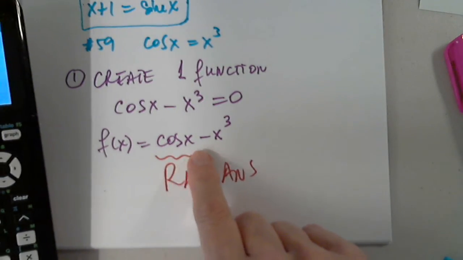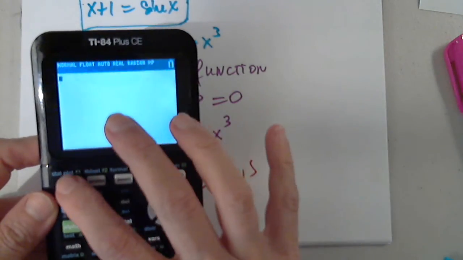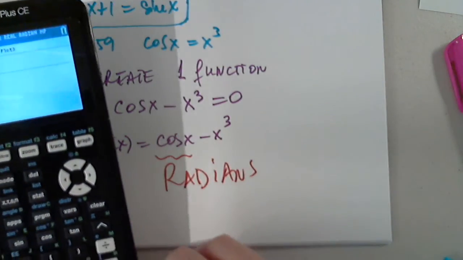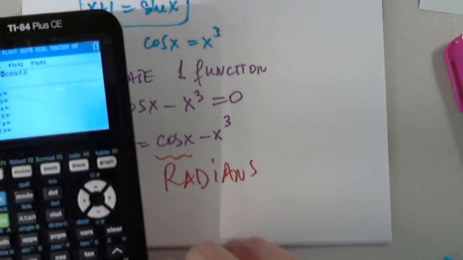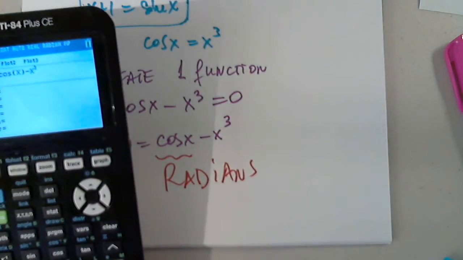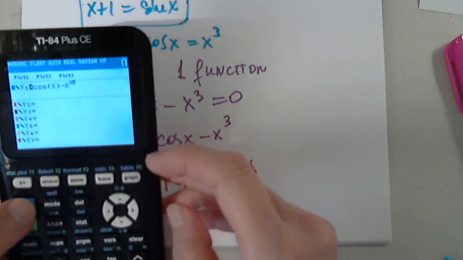After that, we will put this function in y equals. So y equals cosine x, close the parenthesis, minus x cubed, caret 3. And then we go to second and table.